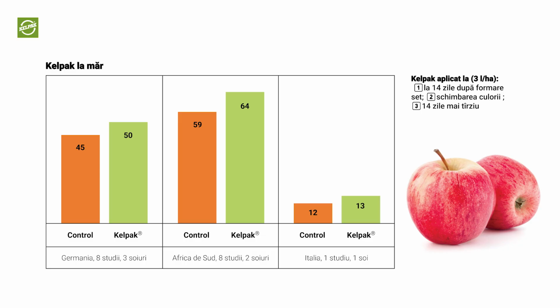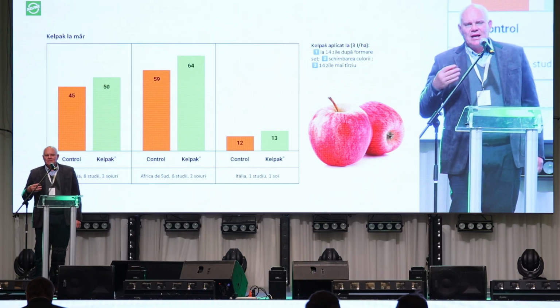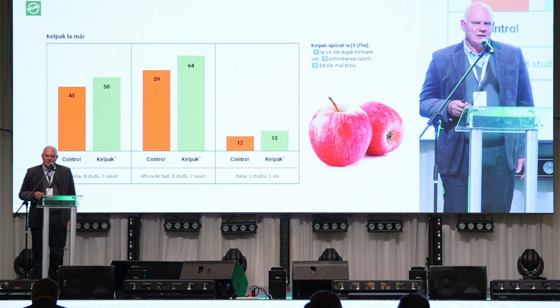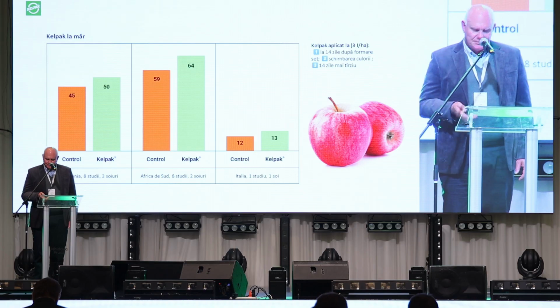The German trials had 3 applications, normally applied at fruit set and then repeated twice more, 14 days apart. In South Africa, we did the 3 early applications, but we also followed up with applications when you get the change of color, and that gave us an additional positive yield effect.